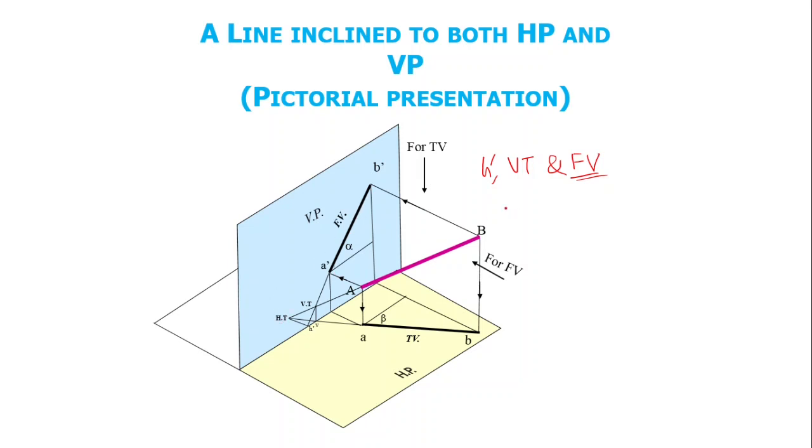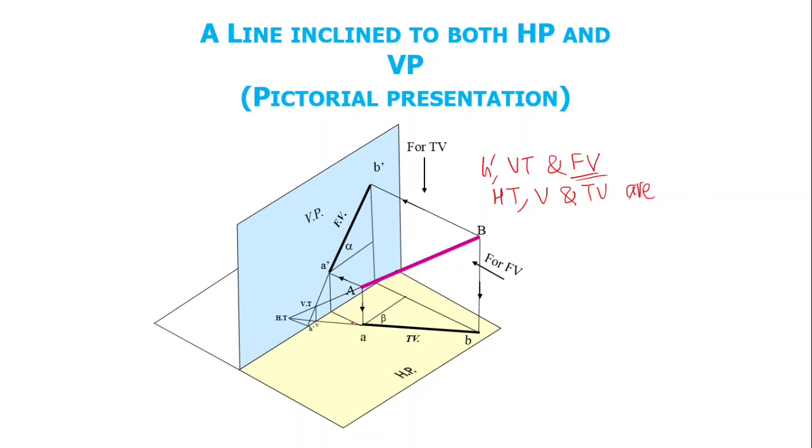Similarly, HT V and top view are lying in HP, and also they are collinear.